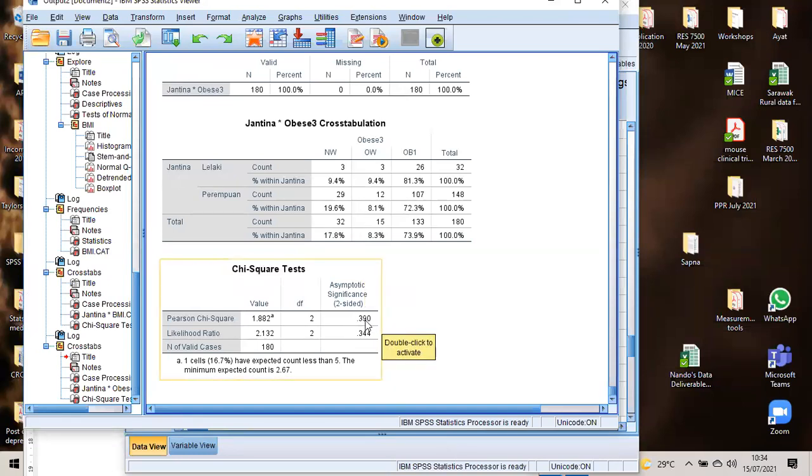Still more than 0.05. Therefore, no significant association between gender and obesity. Look at obese. Obese 1 is referred to as obese. 81% of the males and 72% of the females are obese. Not much of a difference. That's why the p-value is more than 0.05.